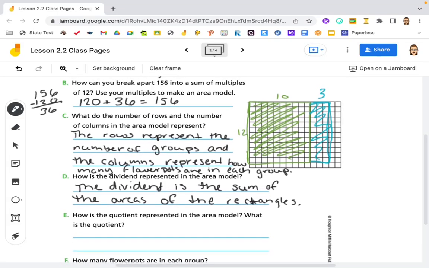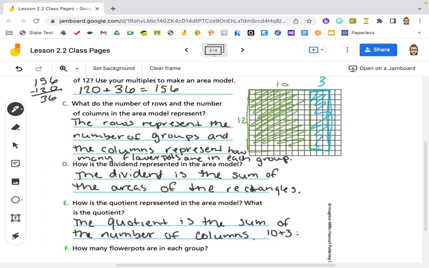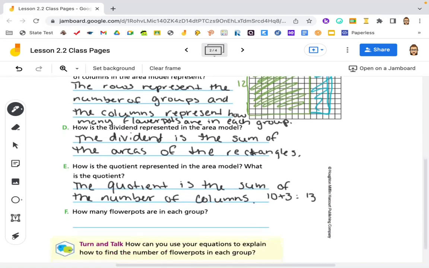How is the quotient represented? Well, the quotient is the sum of the number of columns. So in this case, 10 plus 3 equals 13. So how many flower pots in each group? Well, there are 13 flower pots.